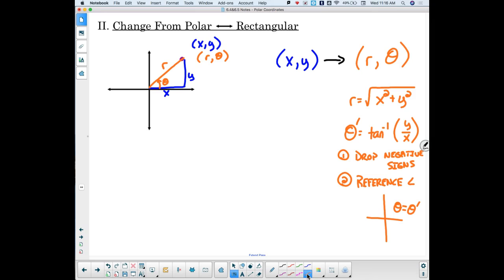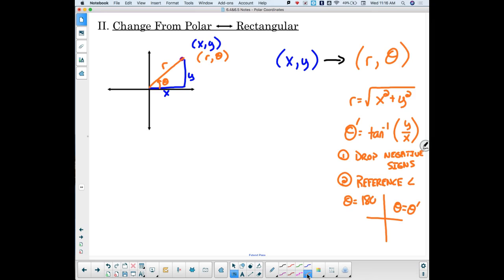Oops, sorry, I put theta prime. Theta is equal to what in quadrant number 2? 180 minus my reference angle.